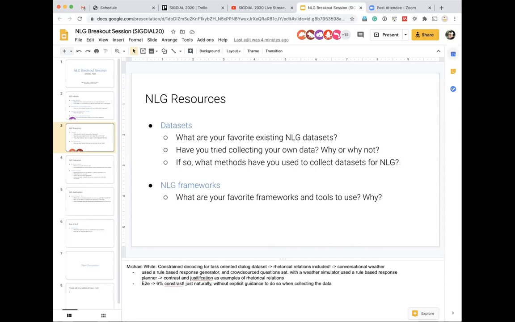Maybe some thoughts about starting from a generic framework like PyTorch or TensorFlow, as opposed to using something that is specifically designed for NLG, something like OpenNMT or newer frameworks. Has anybody tried both? And do you guys have any thoughts about that?